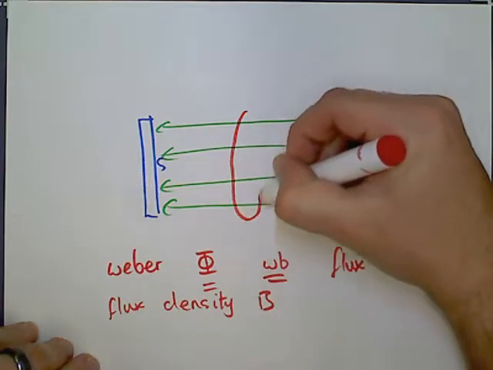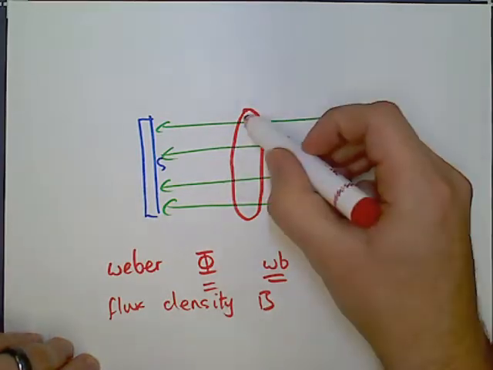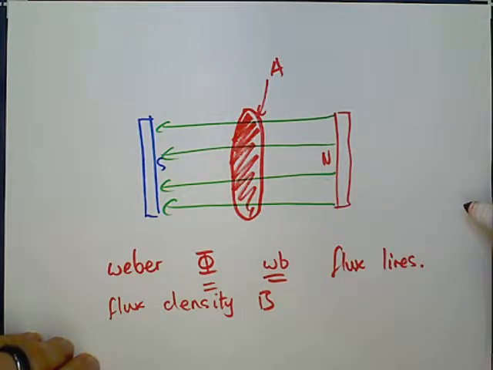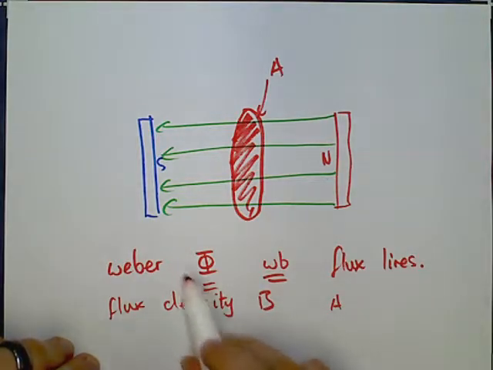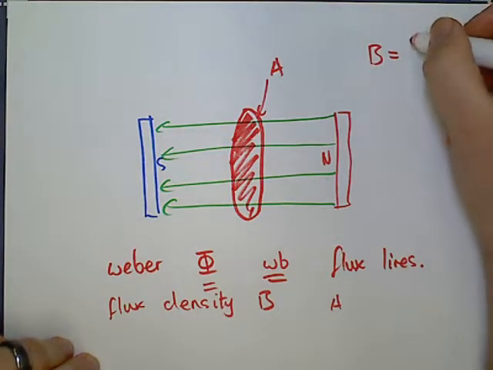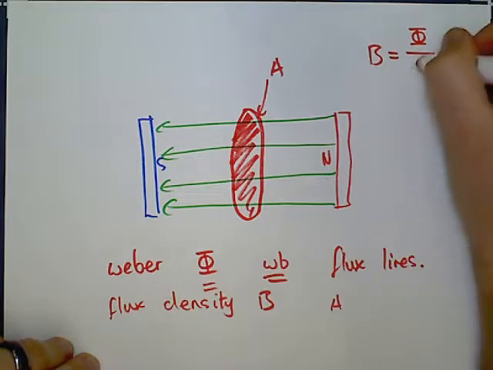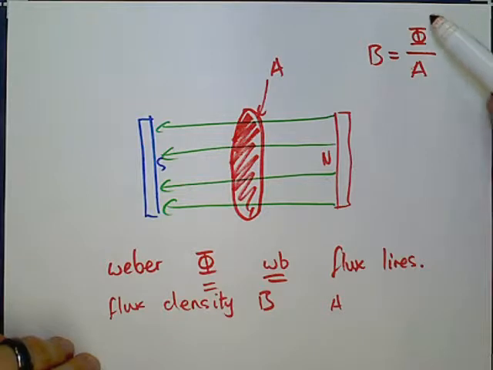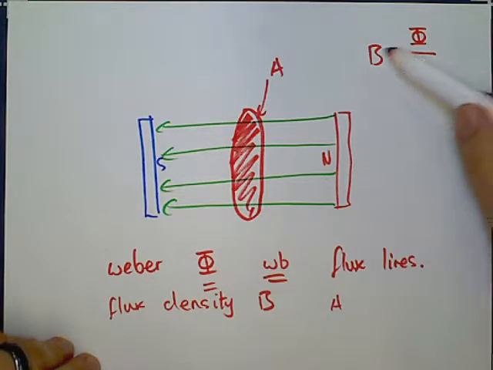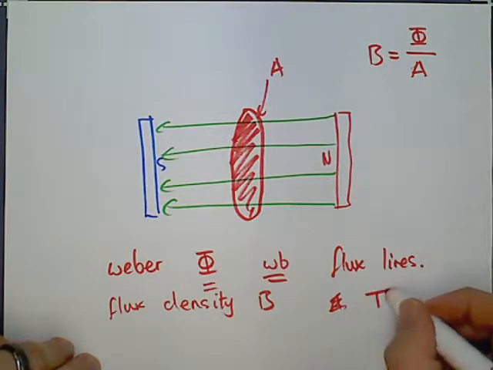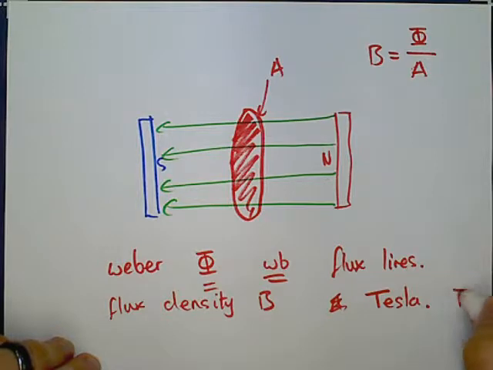So if I put a circle around this, you've then got an area. And that area, A, is linked with these 3 factors like so: B is equal to an amount of Webers per unit area. And this flux density has the unit of Tesla, or T.